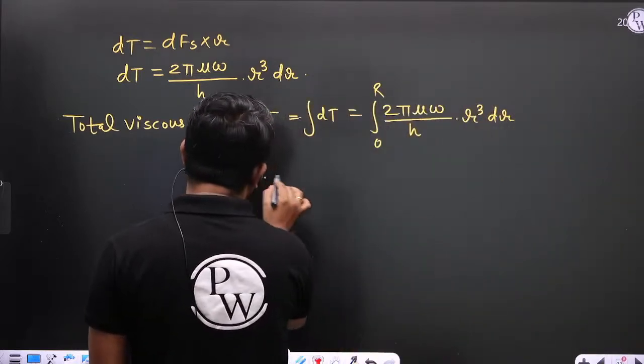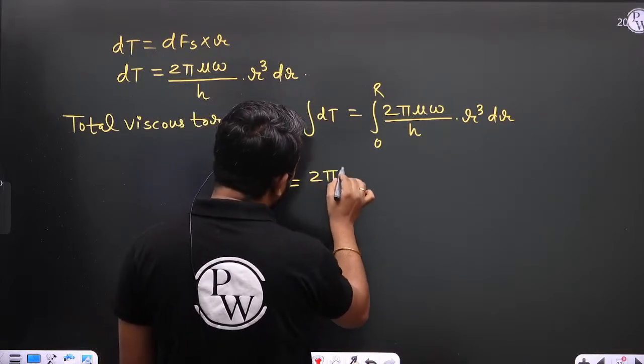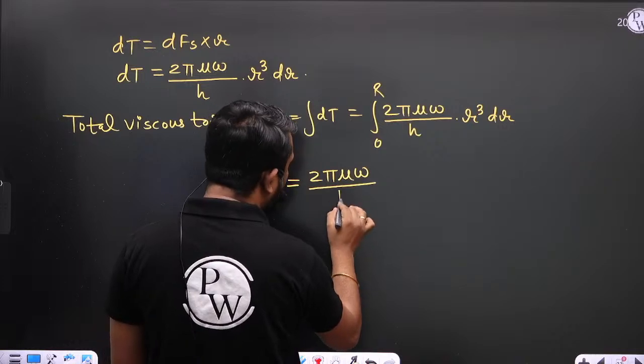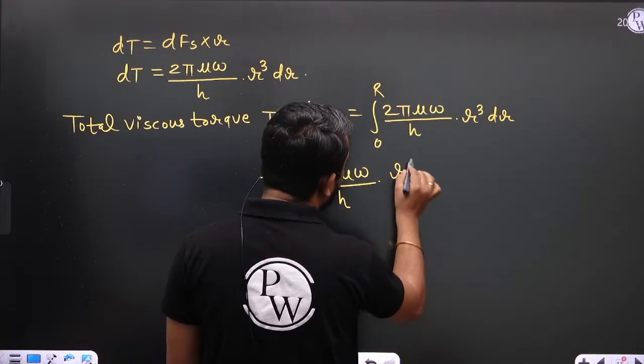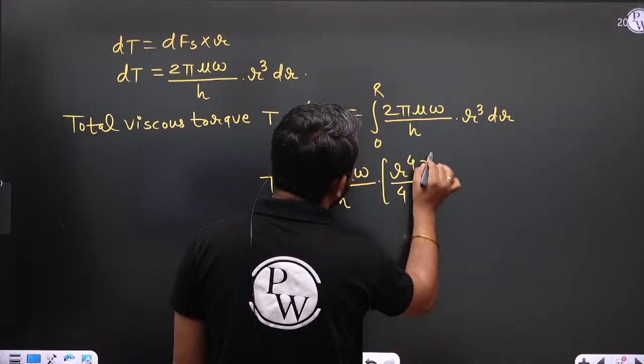So the viscous torque is equal to, 2 pi is constant, mu is constant, omega is constant, h is constant, and the variable is r. If you perform the integration, what you are getting? r to the power 4 by 4, with limit 0 to r.